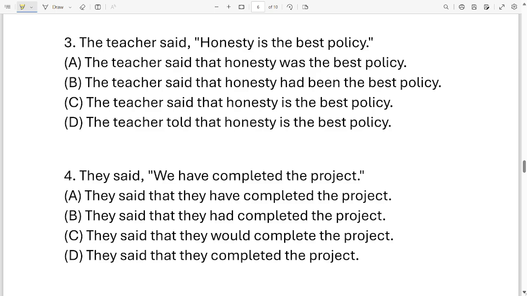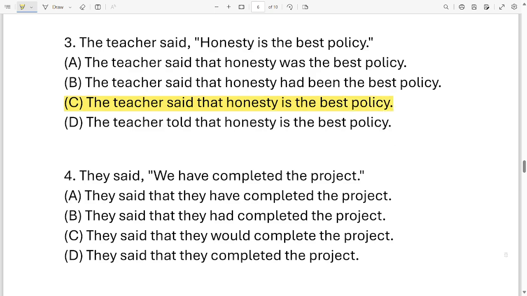Next, the teacher told that honesty is the best policy. Now, these are the four options. Which one is correct? It is option C. The teacher said that honesty is the best policy.